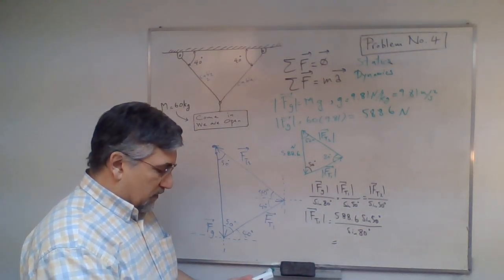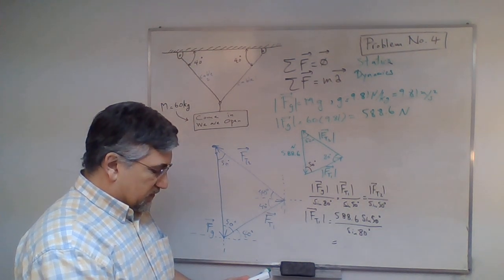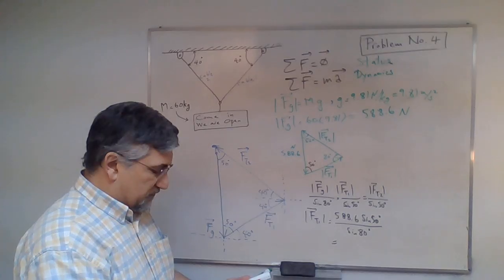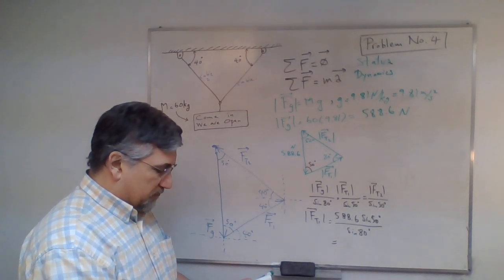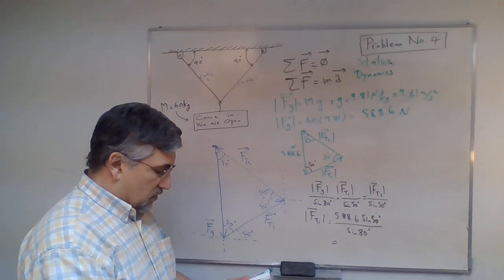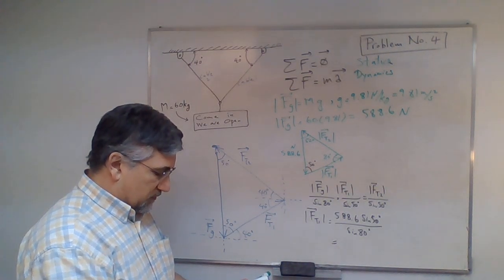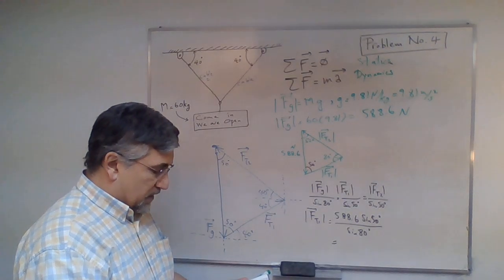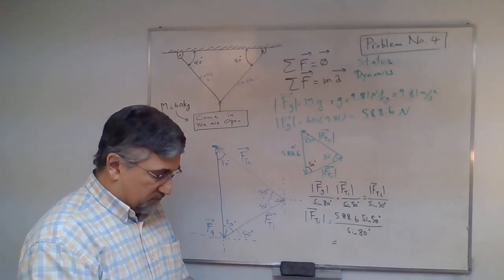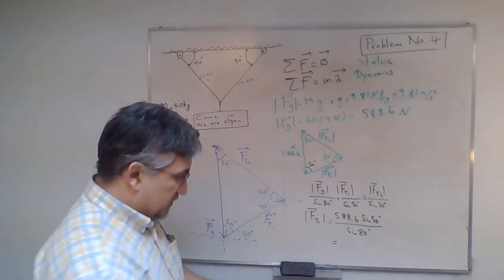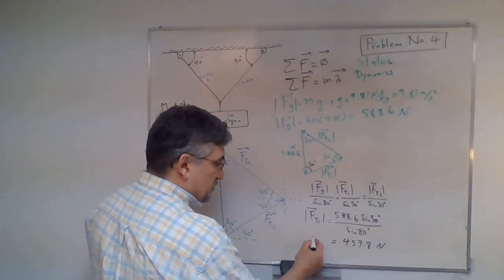So we're going to go 588.6 times the sine of 50-degree angle, and we're going to divide this by sine of 80 degrees. You can use your calculator to figure out how much this is going to be. 457.8. Okay, 457.8 is what I got. The unit of measurement is newtons.